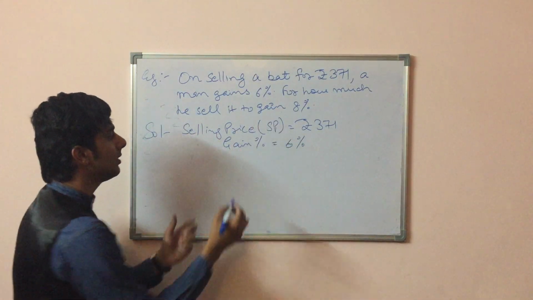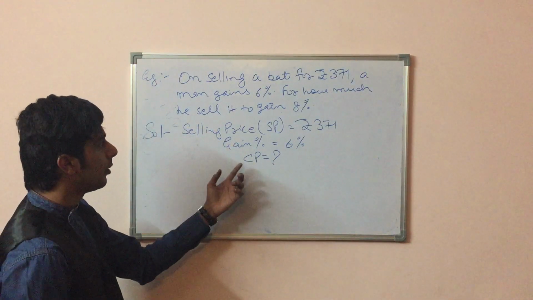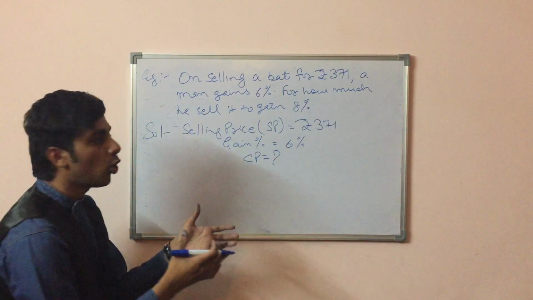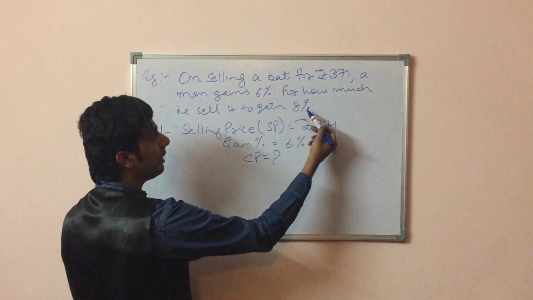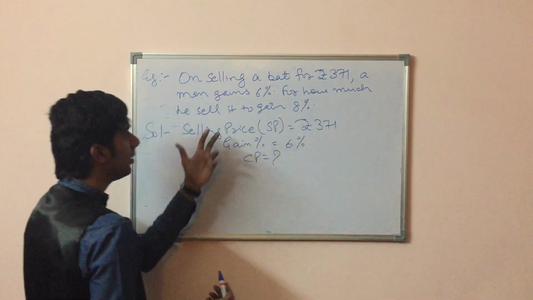Now you have two things. You can calculate the cost price by using the formula, right? And when you get the cost price, then you can put that cost price in the second case where the gain percent is given, and then you will get a selling price.